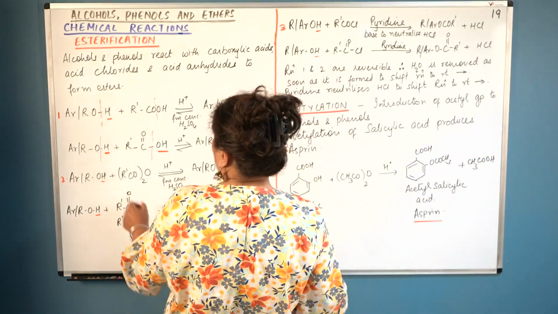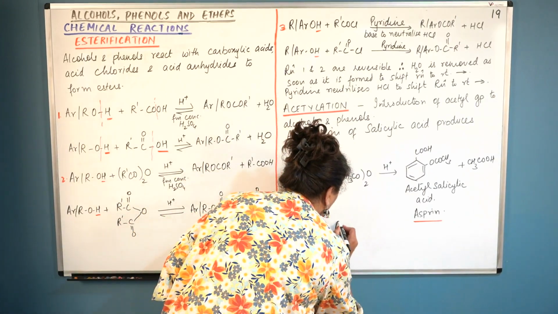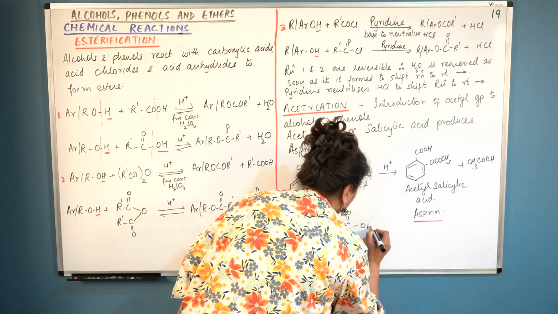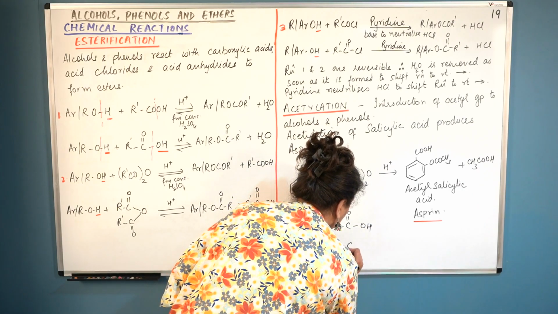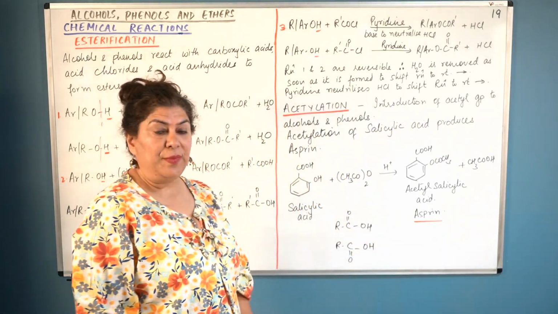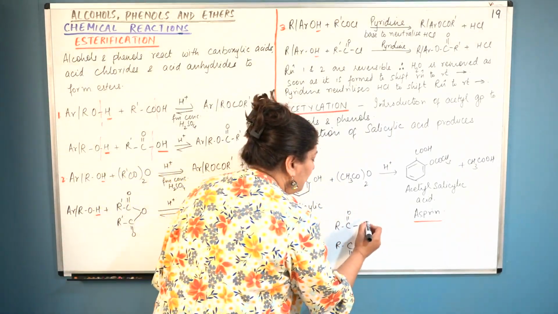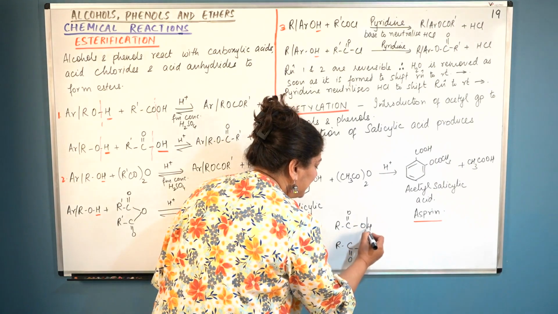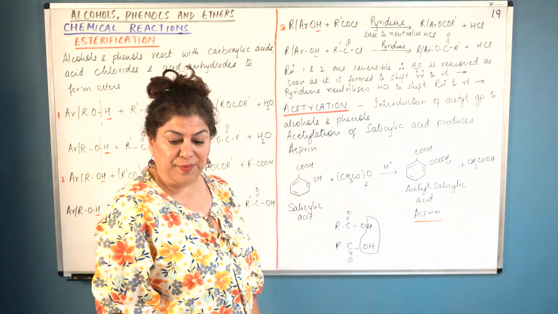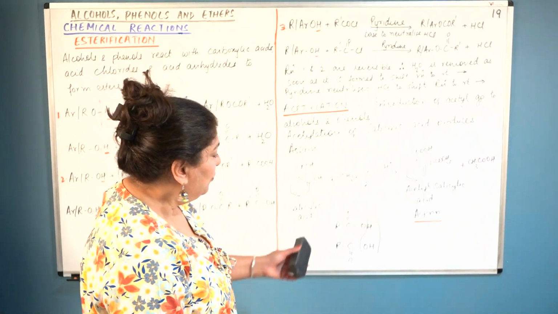We take two carboxylic acids, RCOOH and RCOOH. Do you see this? If I remove a water molecule from two molecules of acid, that is H from one and OH from the other, right? Let us remove a water molecule.